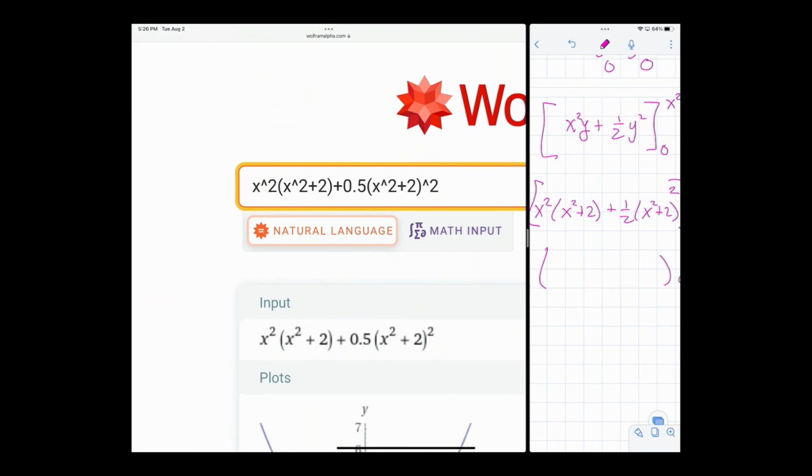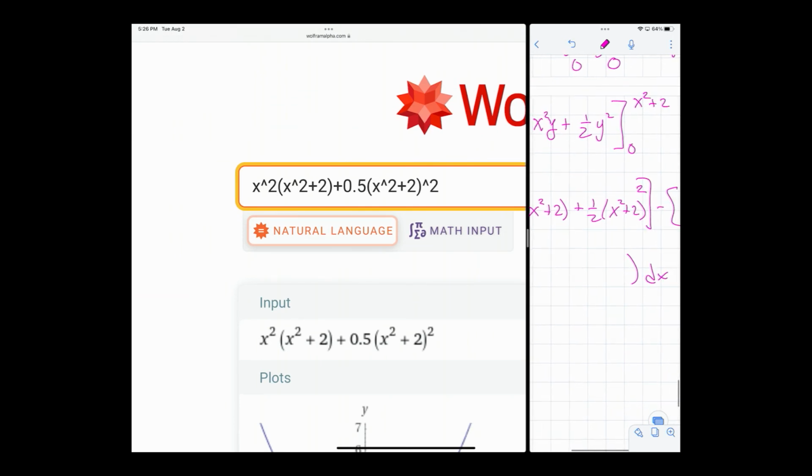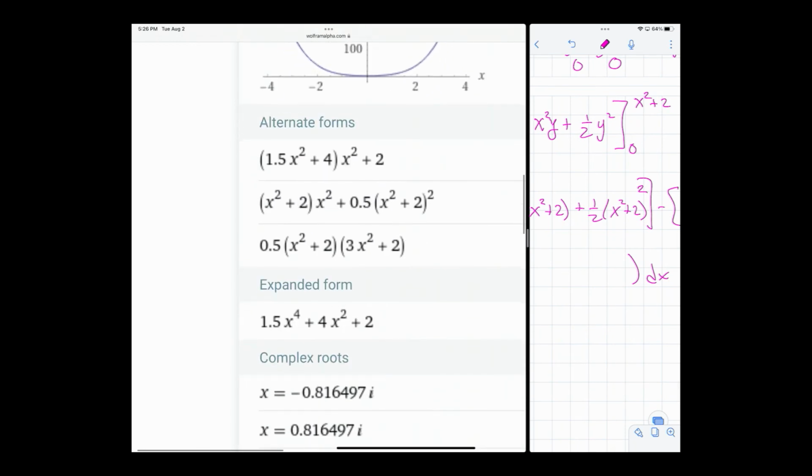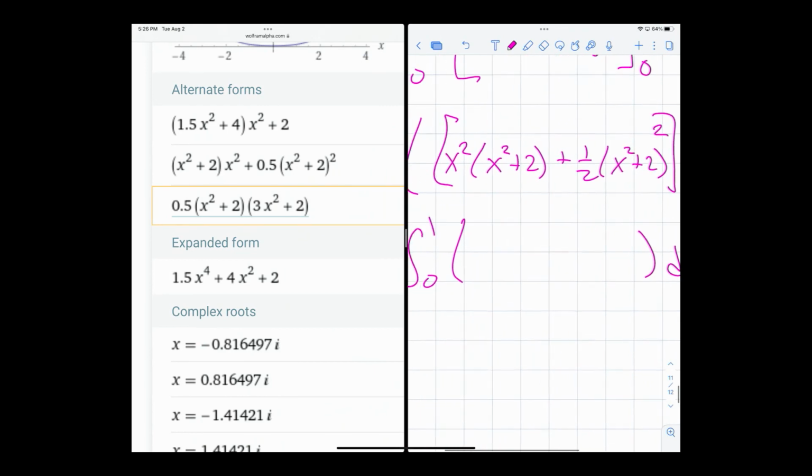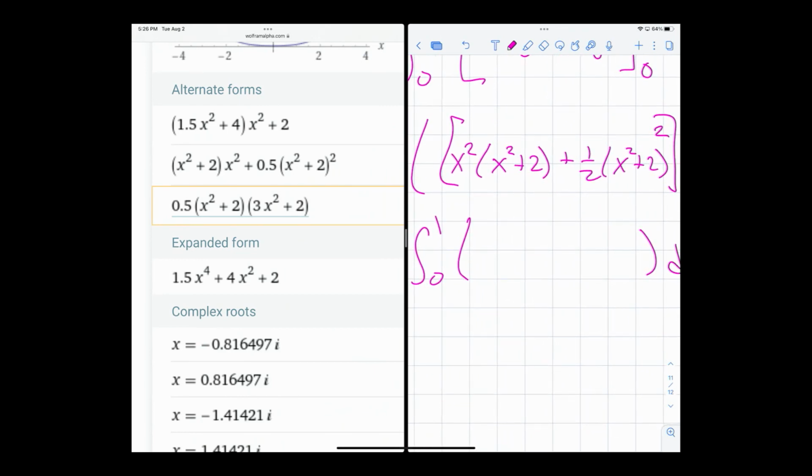Just double check that you typed it in correctly. Looks okay. I called it a parabola earlier, but it was squared, so it's a fourth. So what do we have? 1.5 x to the fourth plus 4x squared plus 2. Sure.